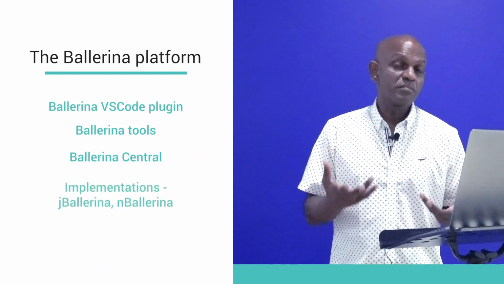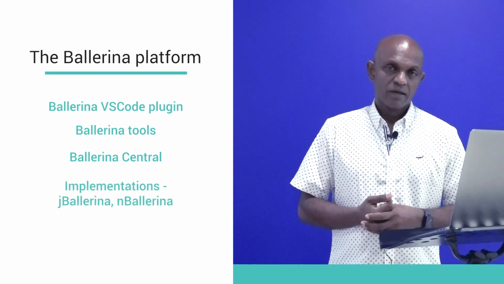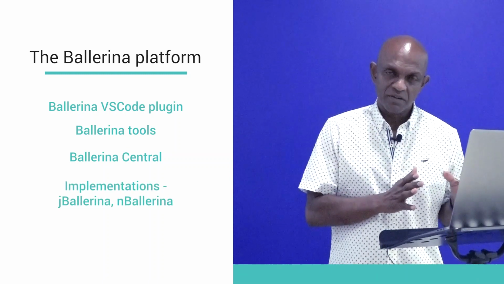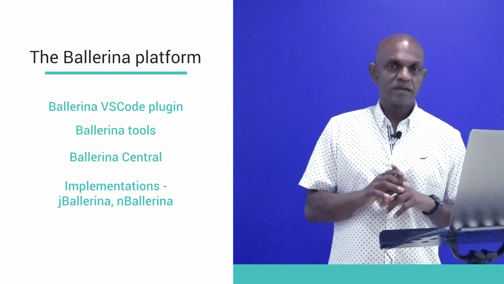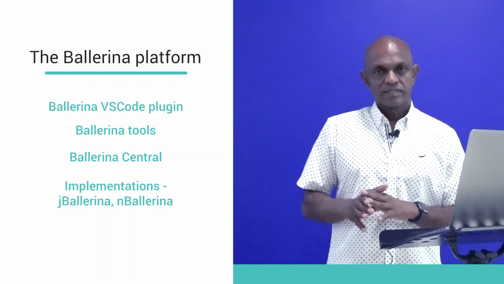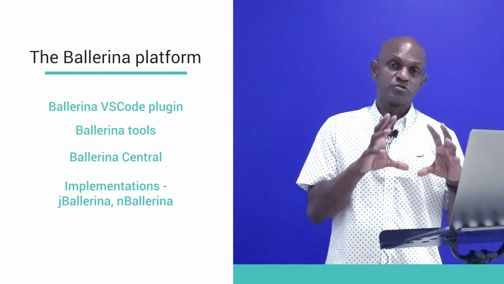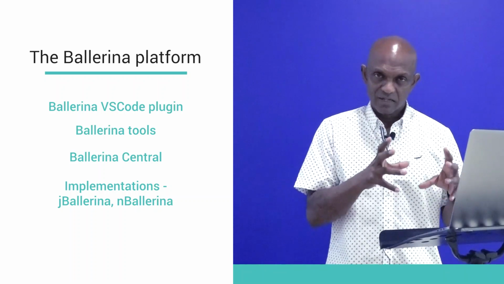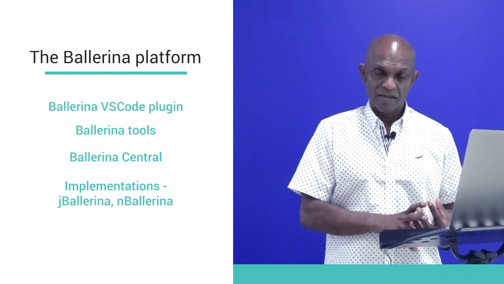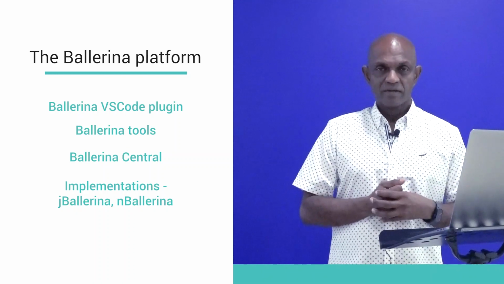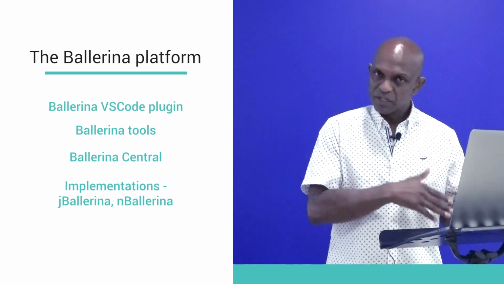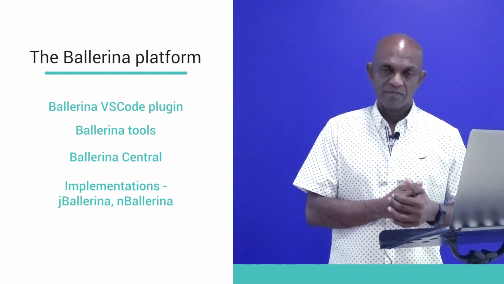There are also two implementations that we've done for Ballerina. The first one was written in Java. It's very important to understand that Ballerina is not a JVM language. It's a language with its own specification and its own semantics, which as a convenience we implemented first on top of the JVM. That's called jBallerina, the one that you can download right now, the current version.